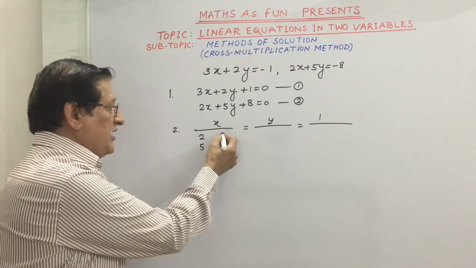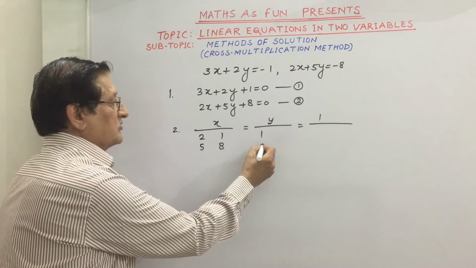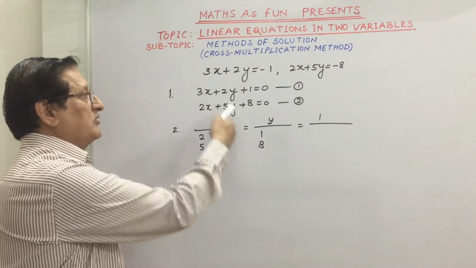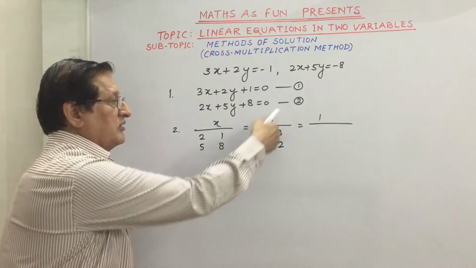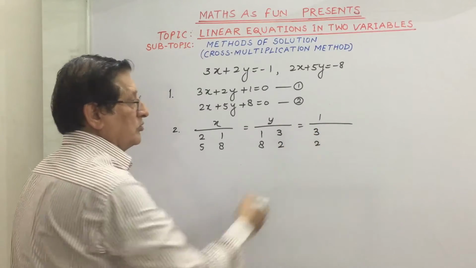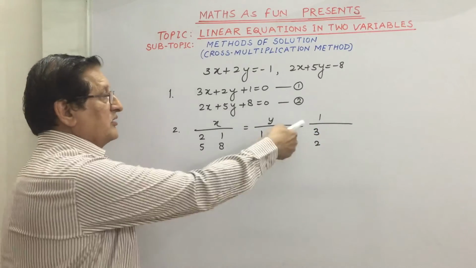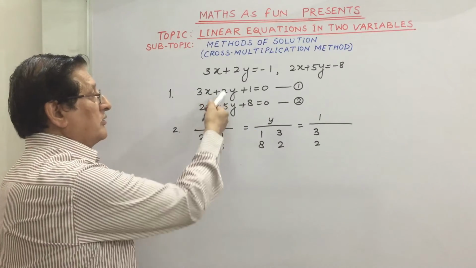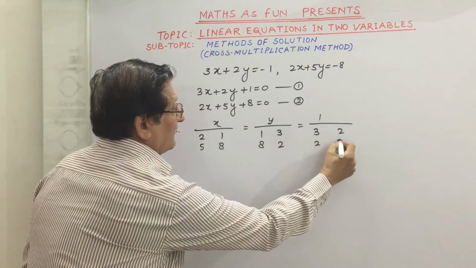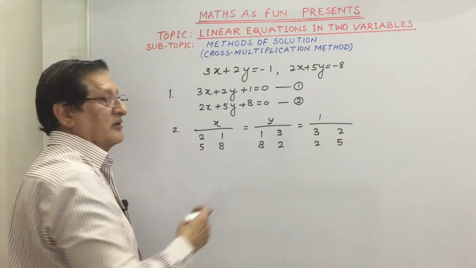And then the same column we have to write here first, so this will be 1, 8. Leaving the coefficient of y, we get 3, 2 here. Then we'll write 3, 2 here. And leaving the constant terms, we will have here 2, 5. What we are finding, the same comes here at last.